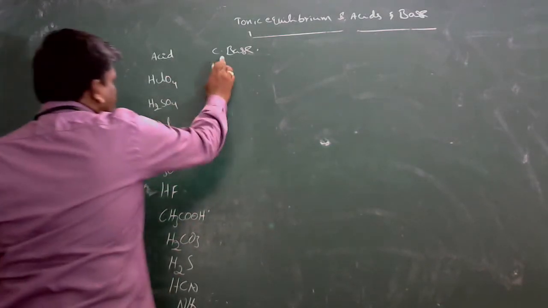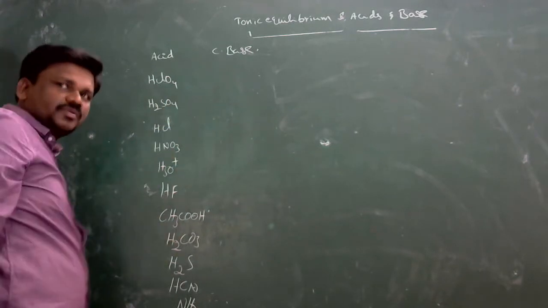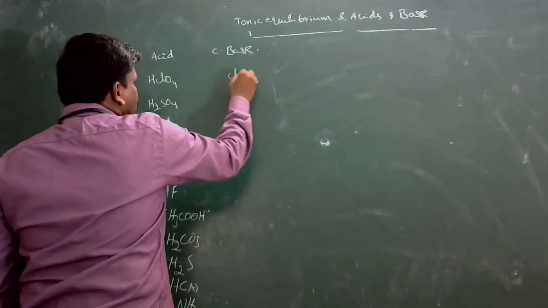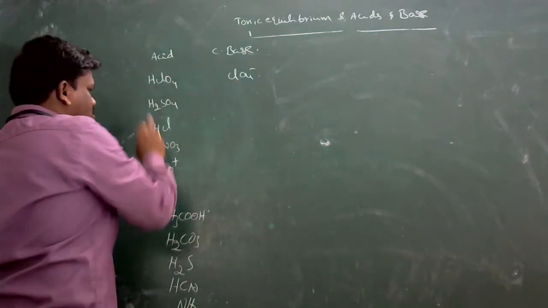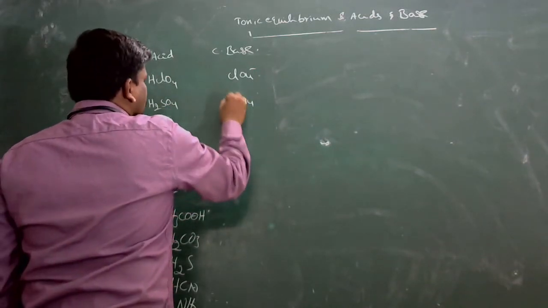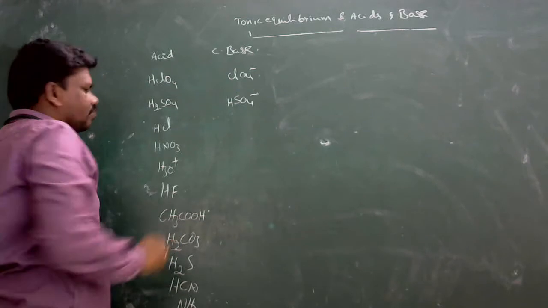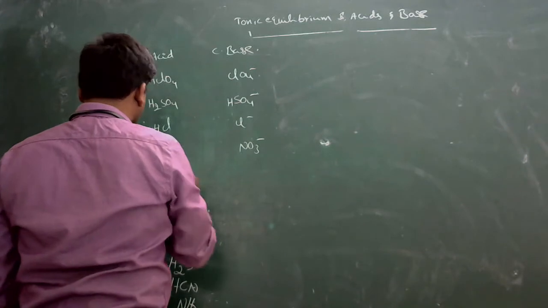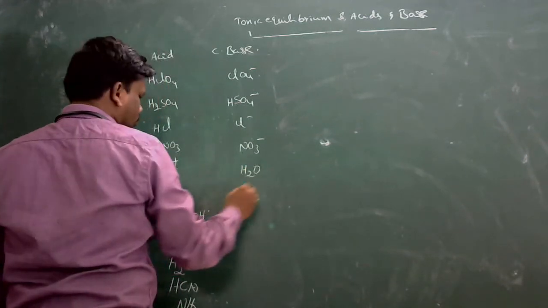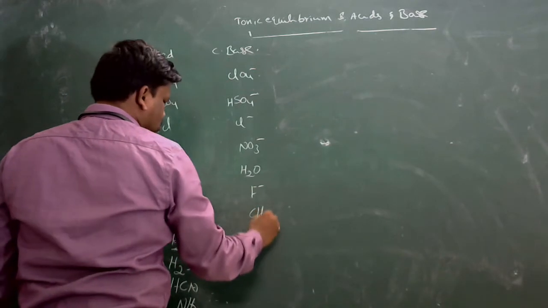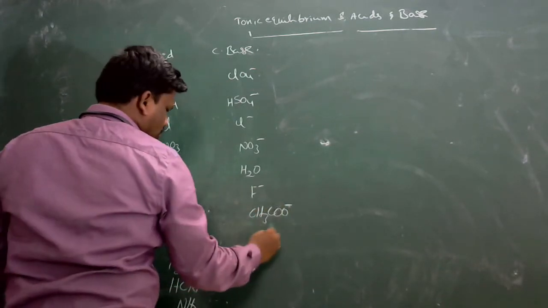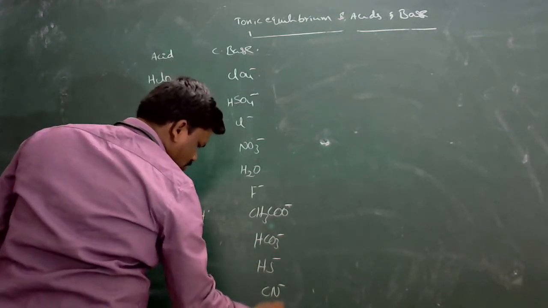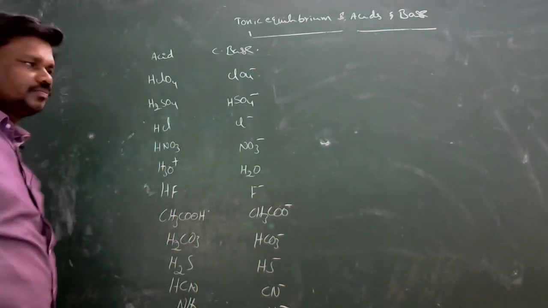The conjugate base means the given substance minus H+. So for HClO4 the conjugate base is ClO4 minus. For H2SO4 it is HSO4 minus, losing one proton only. Then Cl minus, NO3 minus, H2O, F minus, CH3COO minus, HCO3 minus, HS minus, CN minus, NH2 minus, and so on.